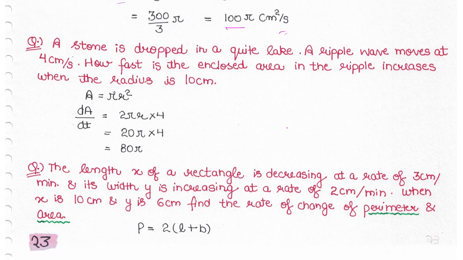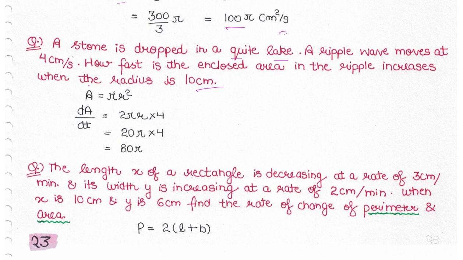Now if a stone is dropped in a quiet lake, a ripple wave moves at 4 cm per second. Then how fast is the enclosed area in the ripples increasing when the radius is 10 cm?